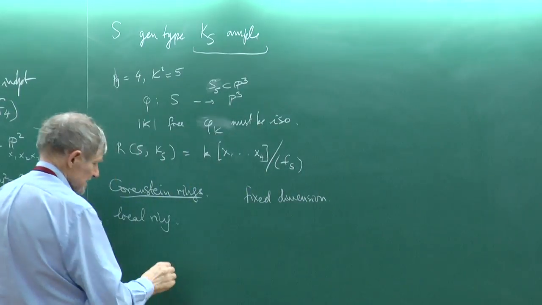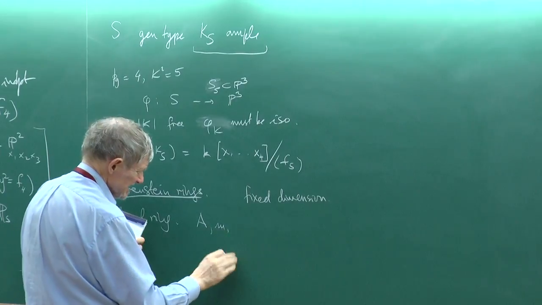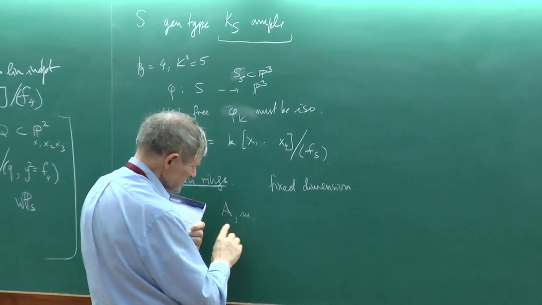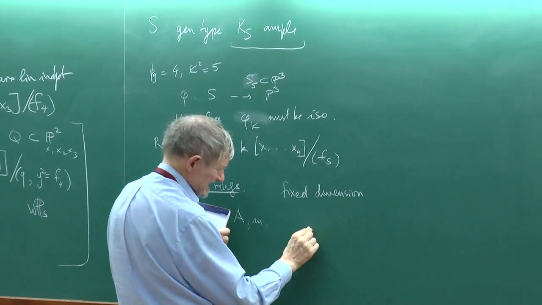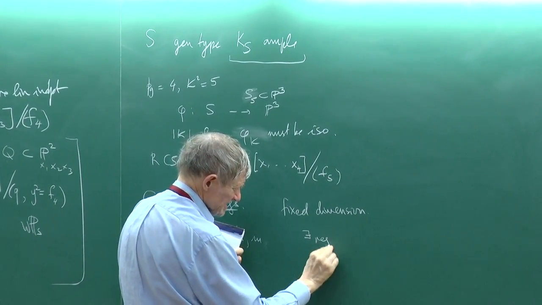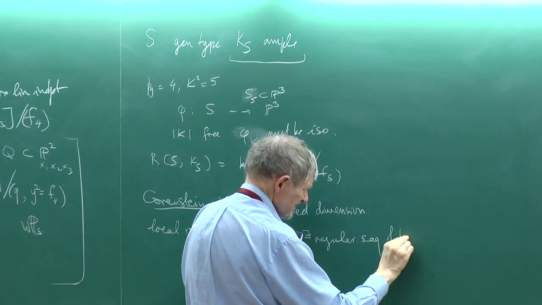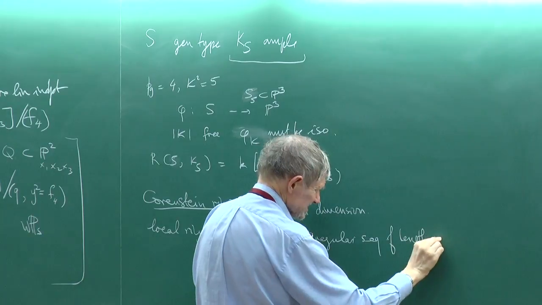So if I've got a local ring (A, M), then one of the definitions of Gorenstein is that there exists a regular sequence of length n.